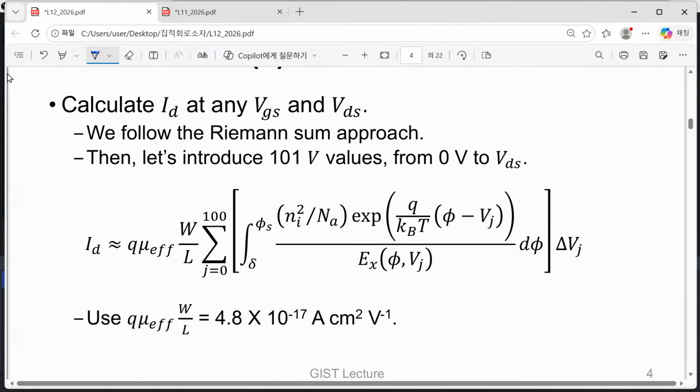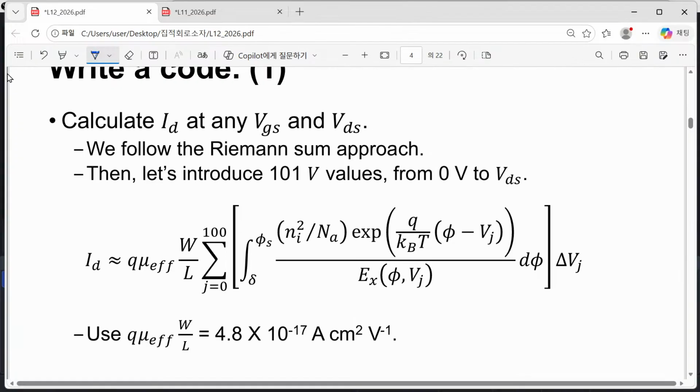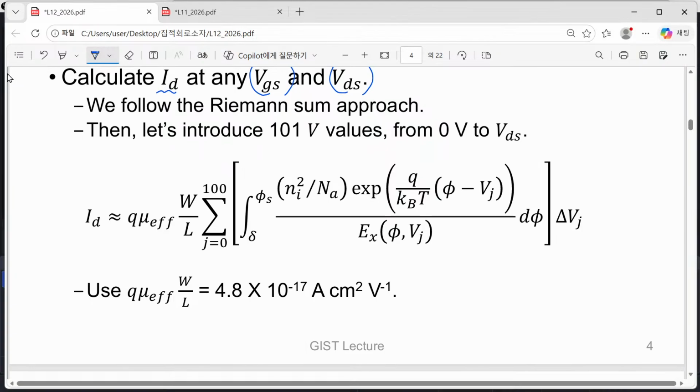Let me give a simple example. Say the gate voltage is given as VGS and the drain voltage as VDS, and please try to calculate your drain current. How can we do this job?